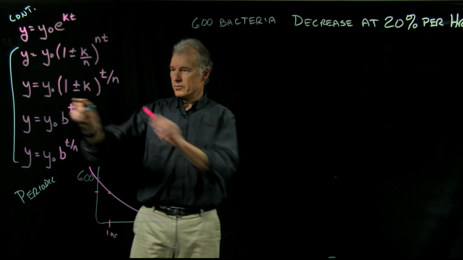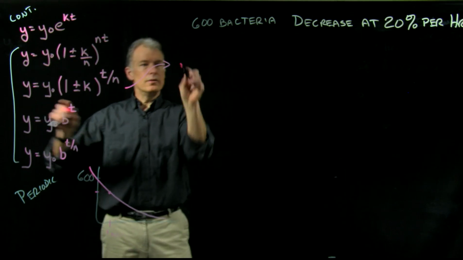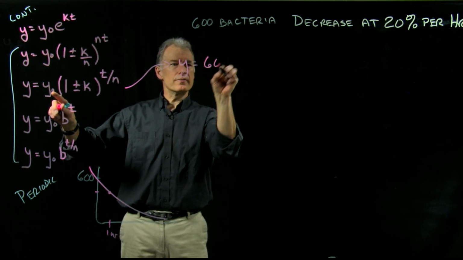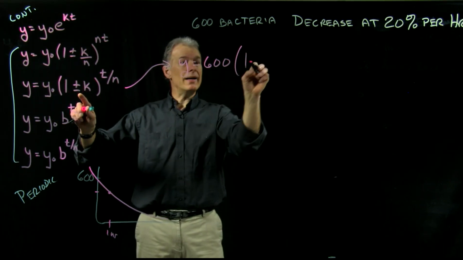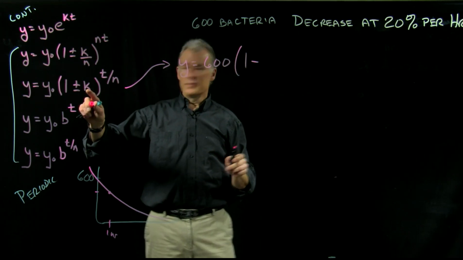All right, so we're going to grab this equation right here. So we have y equals 600 bacteria is what we start with, times 1, and we're going to use a minus here since we're decreasing, they're dying off. How fast?